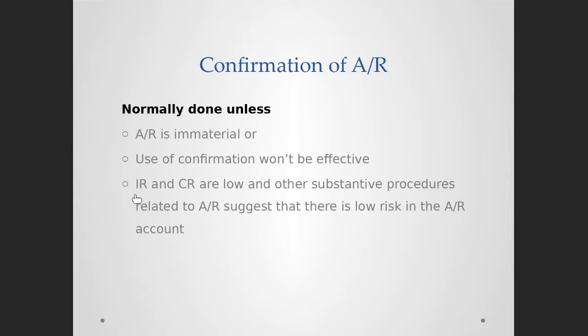The third is if the inherent risk and control risk are low and other substantive procedures related to accounts receivable suggest that there is low risk in the accounts receivable account, then you can also skip, you can omit the confirmation of accounts receivable. So in this case, you see that the client has a very good system of recording the accounts receivable, their collection and recording is very sophisticated, and they're always on time, and their customers are very good, and their controls are super.